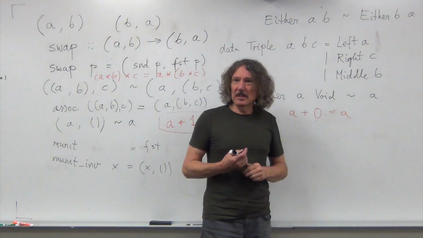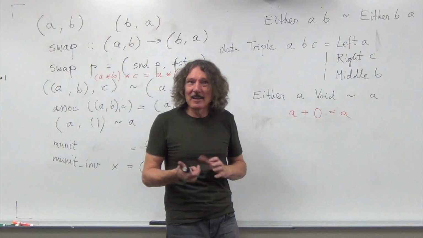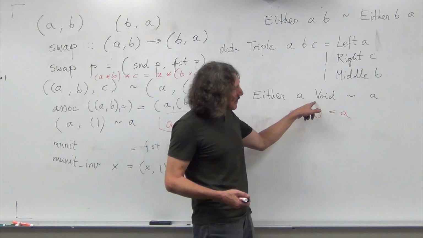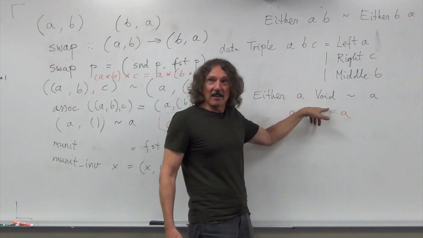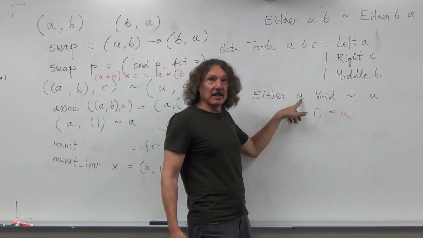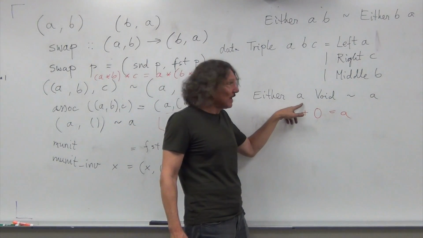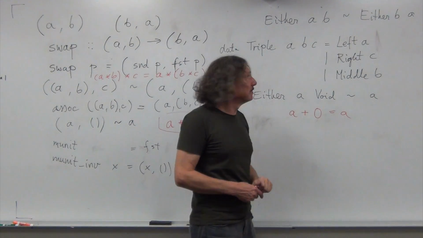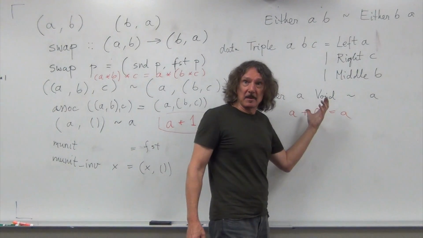I could construct a Right if you gave me an element of Void. But you can't, right? There are no elements of Void. So you can never construct a Right. So this sum really has nothing on the right. All the inhabitants of the sum are in one-to-one correspondence with inhabitants of A, with elements of A. So really, Either A and Void is the same as A. So it is a unit of sum.